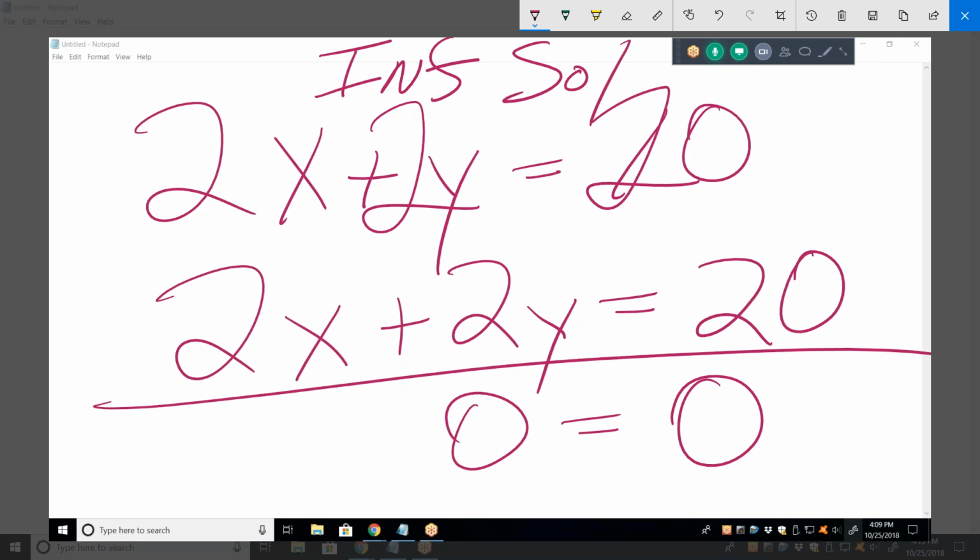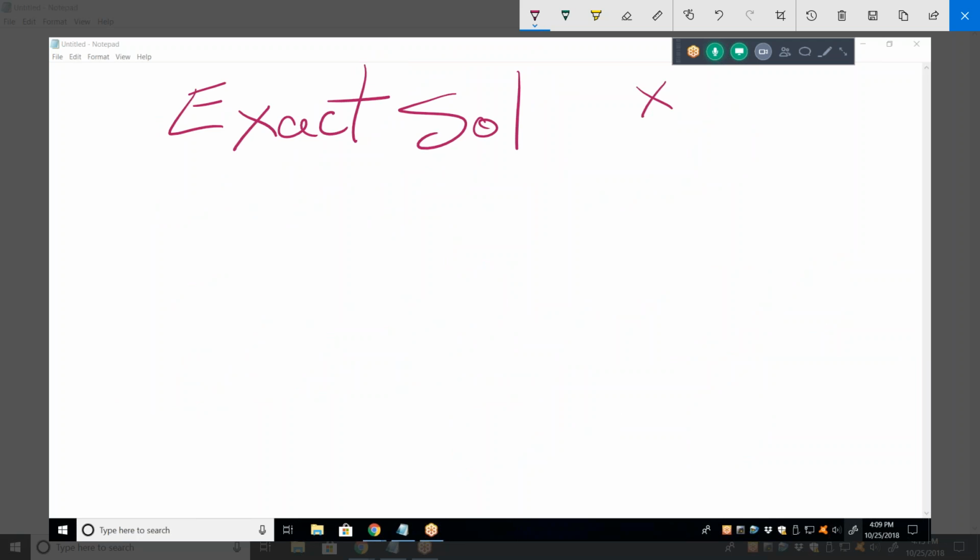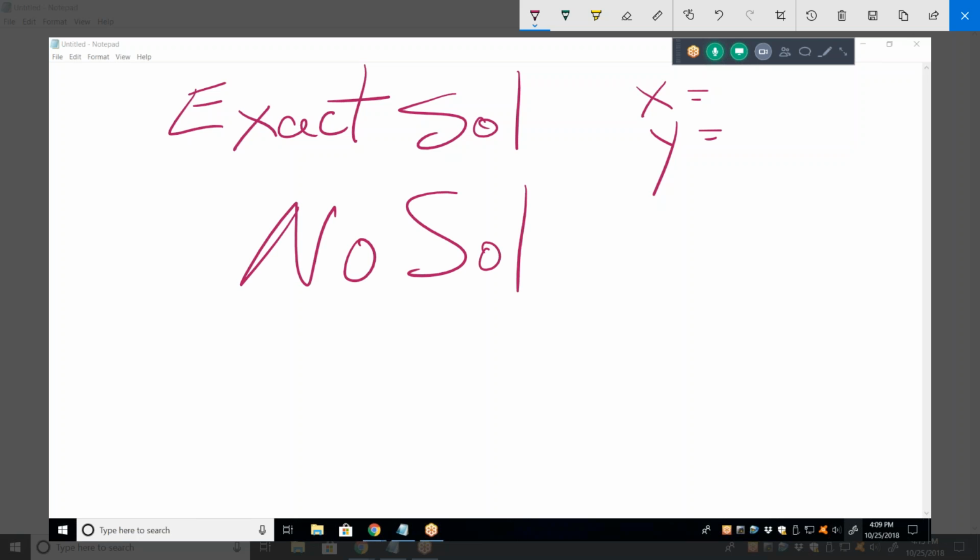So you've got three possibilities whenever you have a system of equations. You can have an exact solution, which is mainly what we've been dealing with, where you have a specific x and a specific y. You can have no solution, which is where you have one number equals another number.